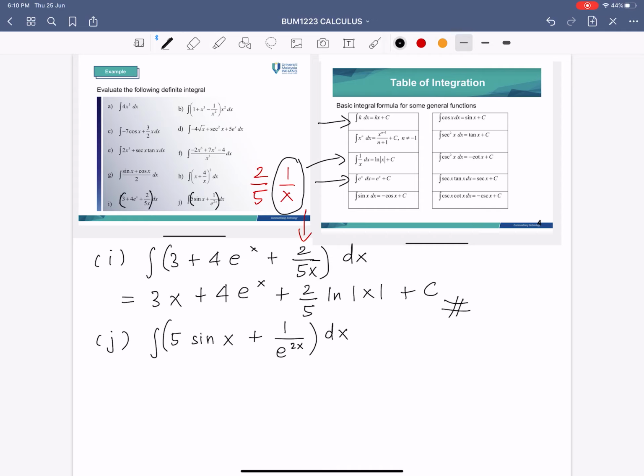First, we will rewrite this as the integration of 5 sine x plus e power of negative 2x, dx. Because if you don't rewrite like this, then you cannot really see the function in the form of the basic formula of integration that we have here.